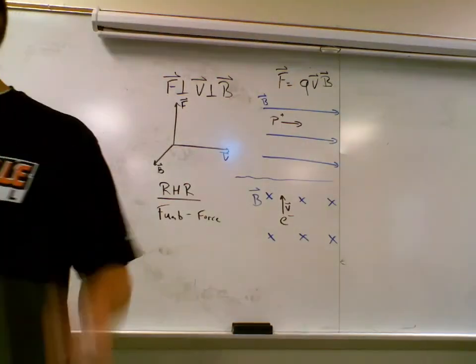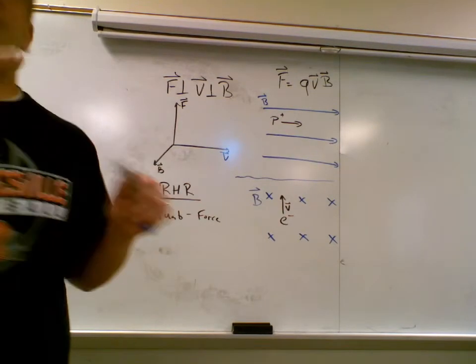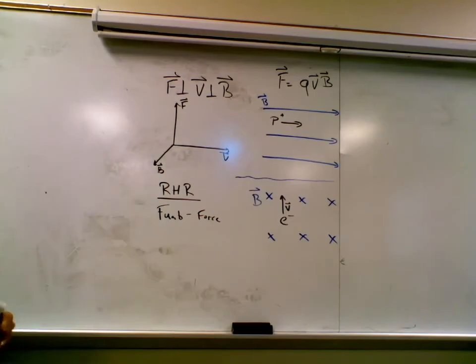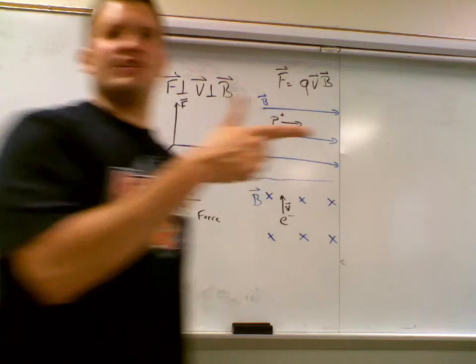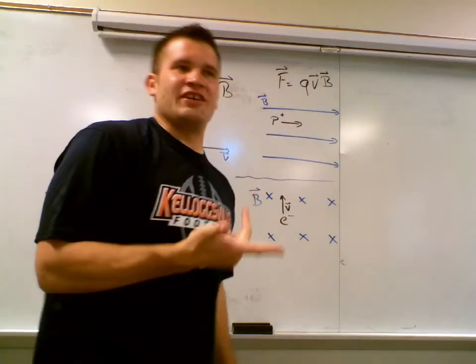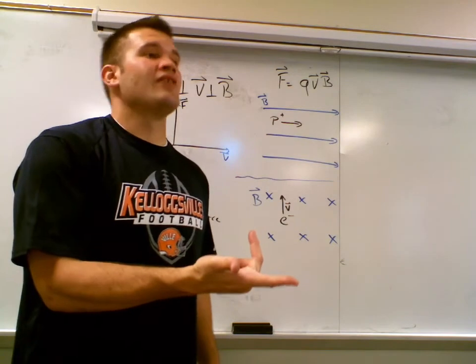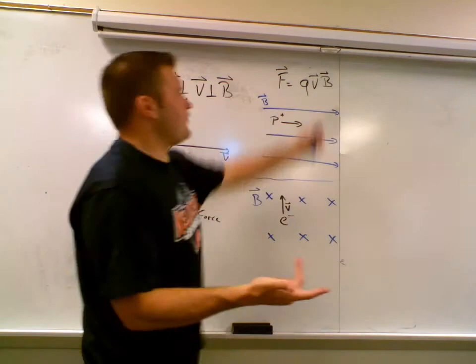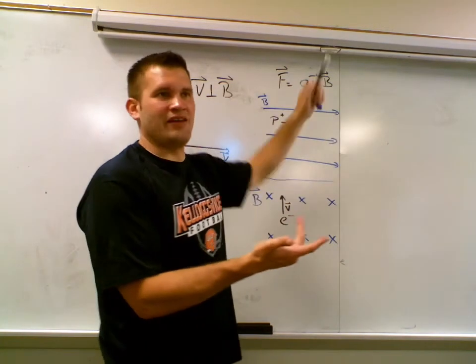That's the way the velocity points, the way the velocity of my imaginary bullets goes. Pew pew pew. So thumb force, pointer velocity, and the bad finger is the magnetic field. Bad finger, B field. Bad B. You get it?